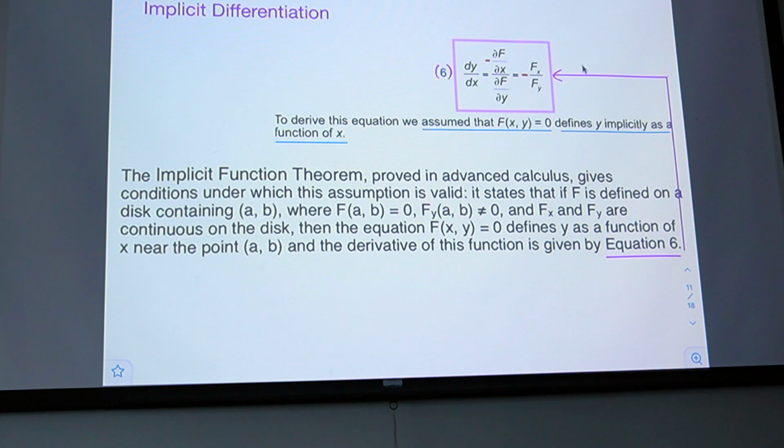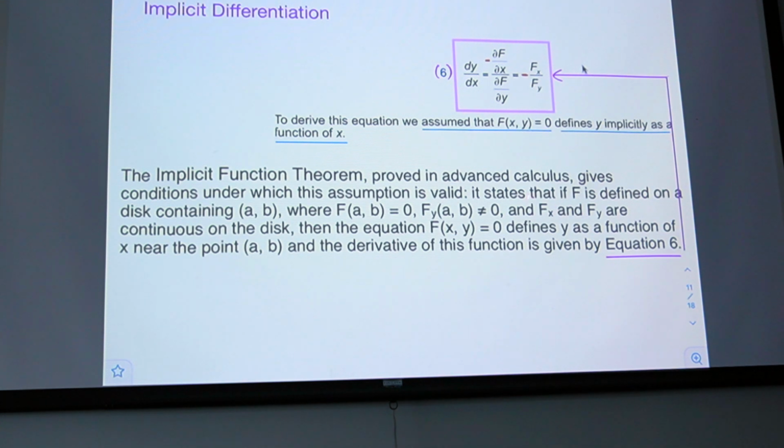And the partial derivative in the y direction is not 0. Imagine you have this vertical plane that intersects the surface, and then you have a curve, and the slope of the tangent line to the curve at that point (a, b) is not equal to 0.